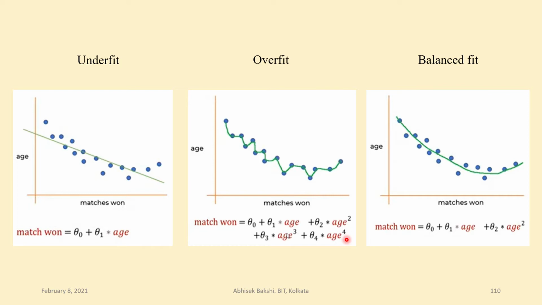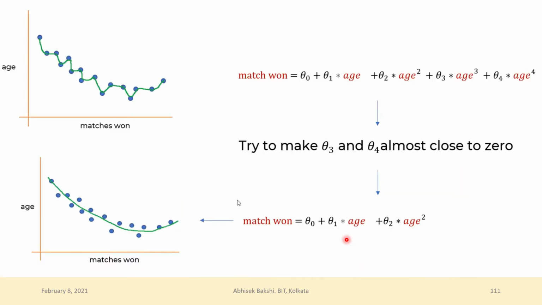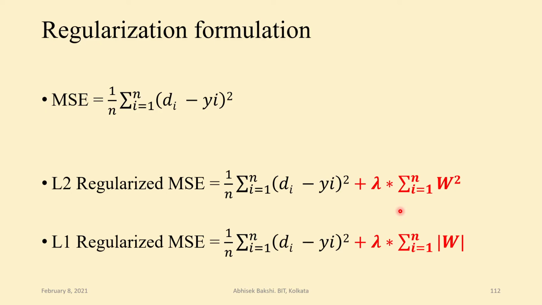So what can we do? This is just what we have discussed over here, that if we make these 2 as 0, then I will get a curve something like this. So how can we do this? Here the regularization formulation comes.